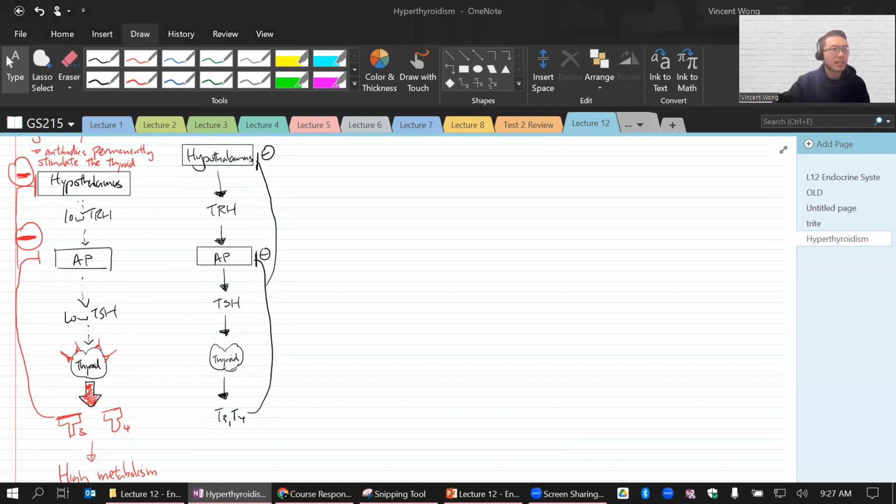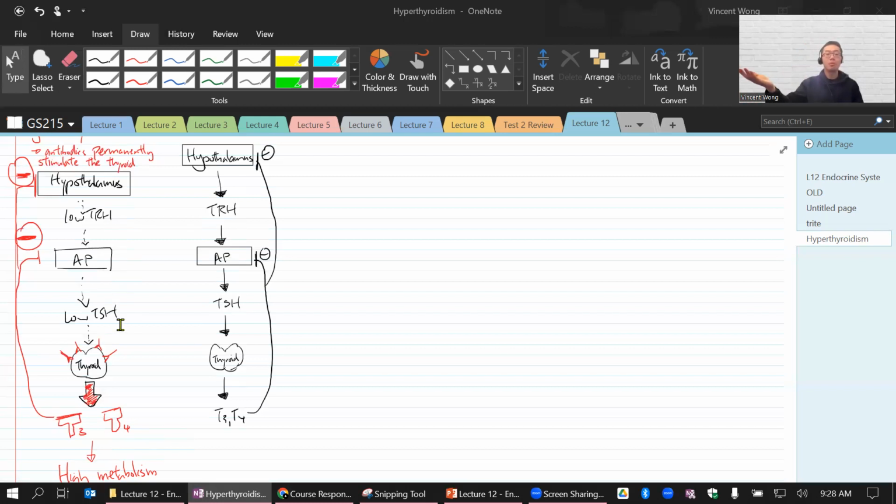Does anyone want to ask anything? Sorry, Professor, you said in their blood work there would be low TRH, low TSH, and high T3, T4? Okay. And again, the key phrase here to try to understand is the person has high T3, T4 despite having low TRH and TSH, right?